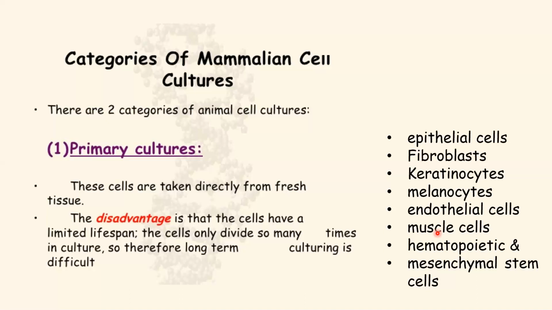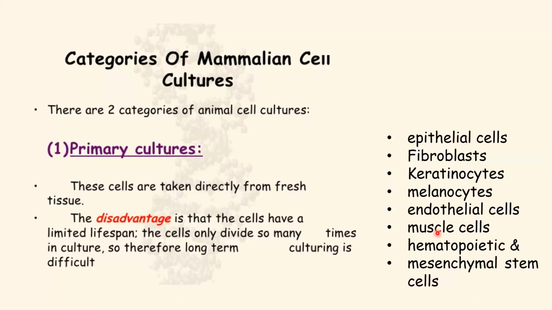In transformation, we can change the primary cells to become continuous cells. Another name for primary cells is mortal cell lines. Mortal means after a number of divisions, they will die. And the continuous cells, we can call them immortalized cells or immortal cells.